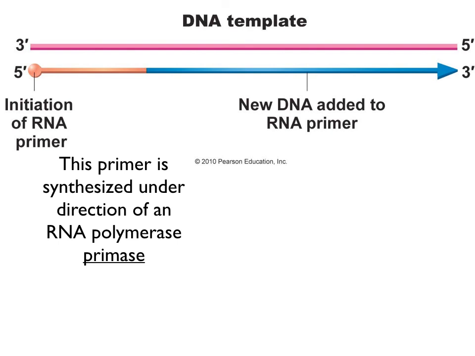And you will remember the only difference between DNA and RNA is what's hanging off that 2' carbon and whether they have thymine or uracil. So it's very similar. It does much the same thing. But guess what?